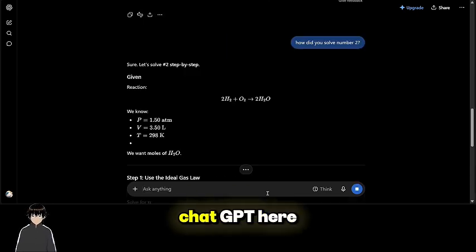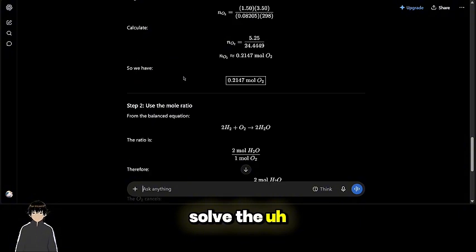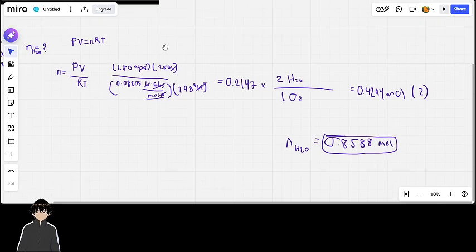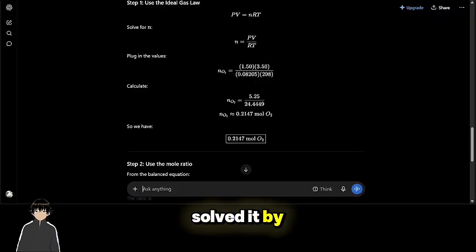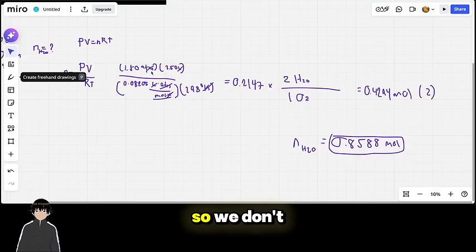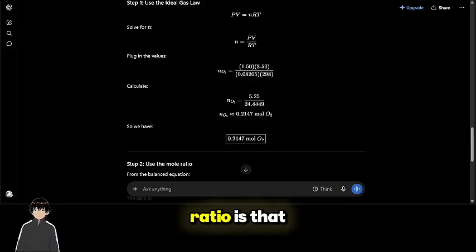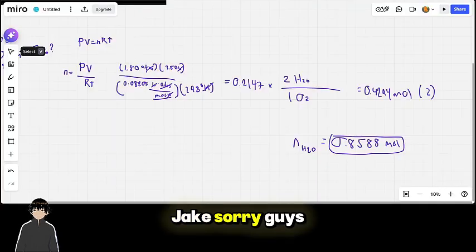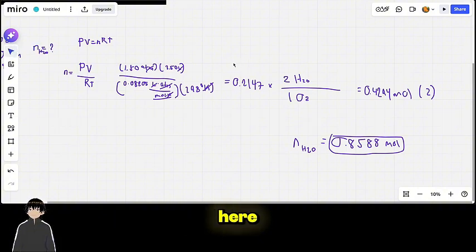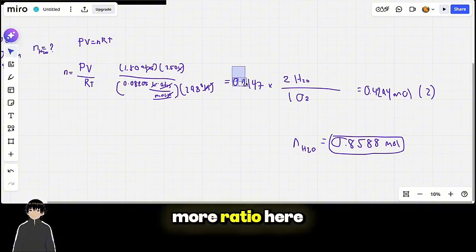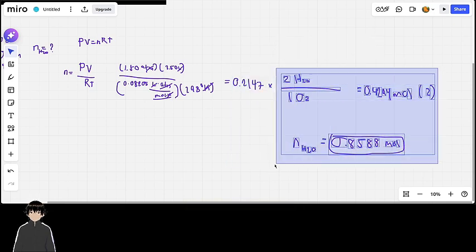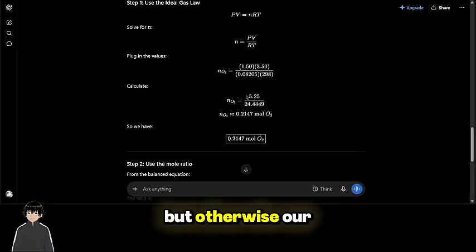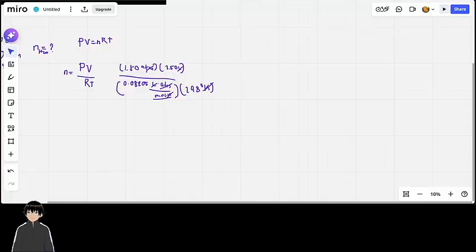I'm just trying to fact check ChatGPT here. How did you solve the question here? Okay, so he solved it by getting this. So we don't need a mole ratio. Is that it? Okay. Sorry guys. I made a big mistake here. You actually don't need a mole ratio here. You don't need to do all that, according to ChatGPT. But otherwise, our answer would be correct.